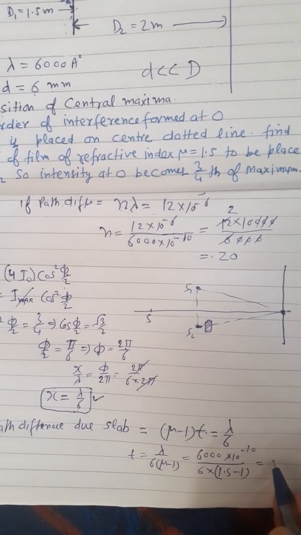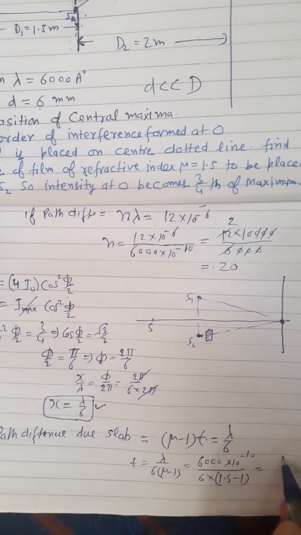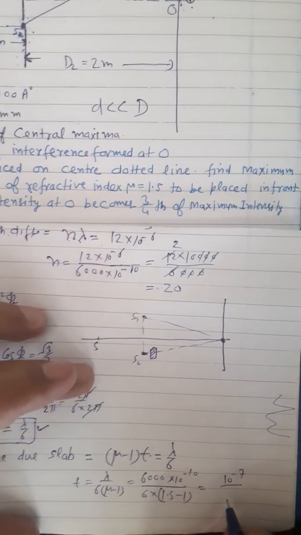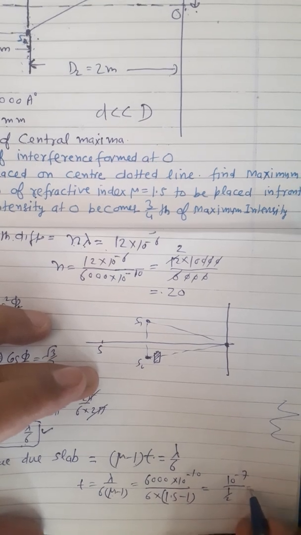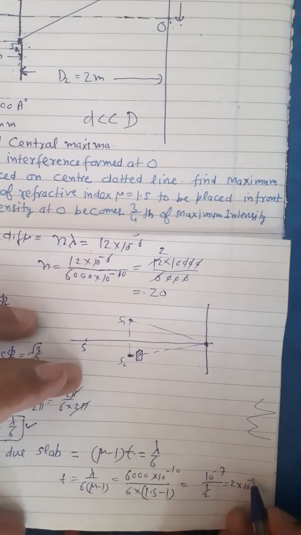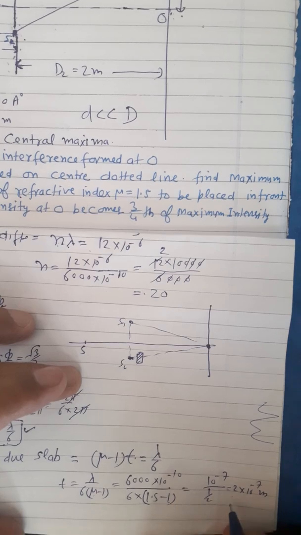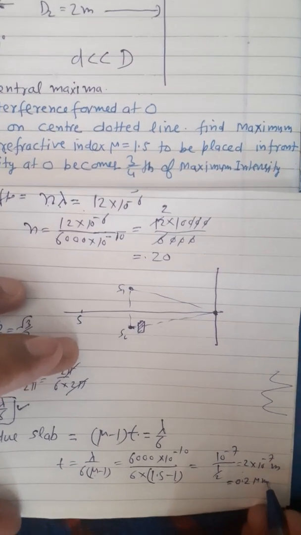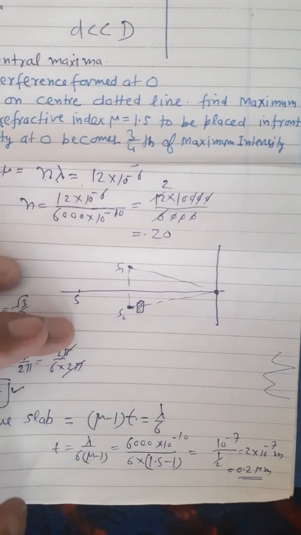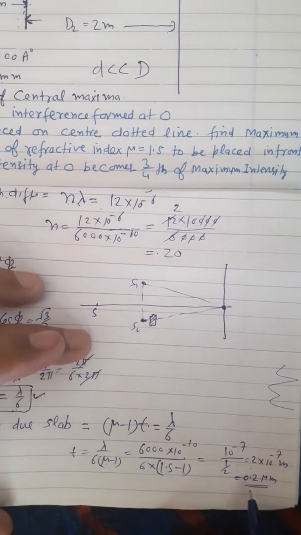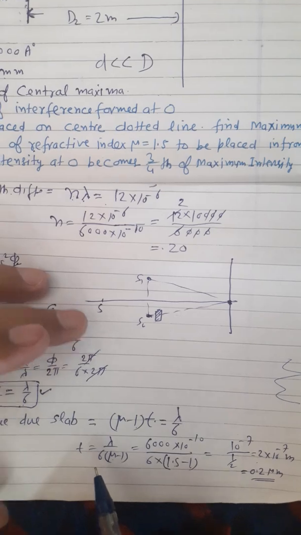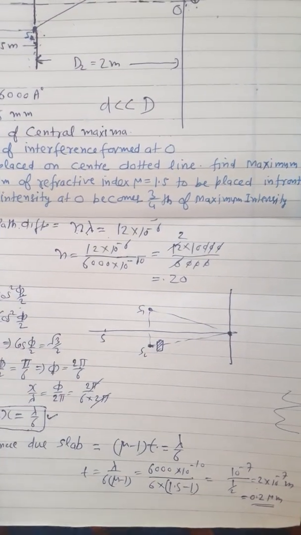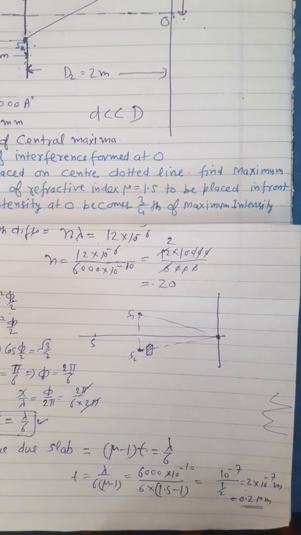So 6000, 10 raised to minus 10, upon 6 into 1.5 minus 1, that is 0.5. 0.5 means 1 by 2, so that is 2 into 10 raised to minus 7 meter, or you can say 0.2 micrometer. If you introduce a slab of thickness 0.2 micrometer, the intensity at the central point becomes 3 by 4th of maximum intensity.